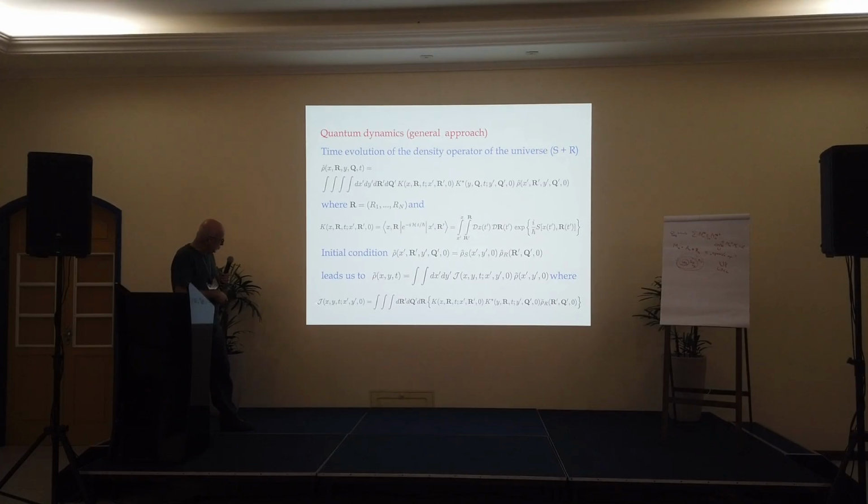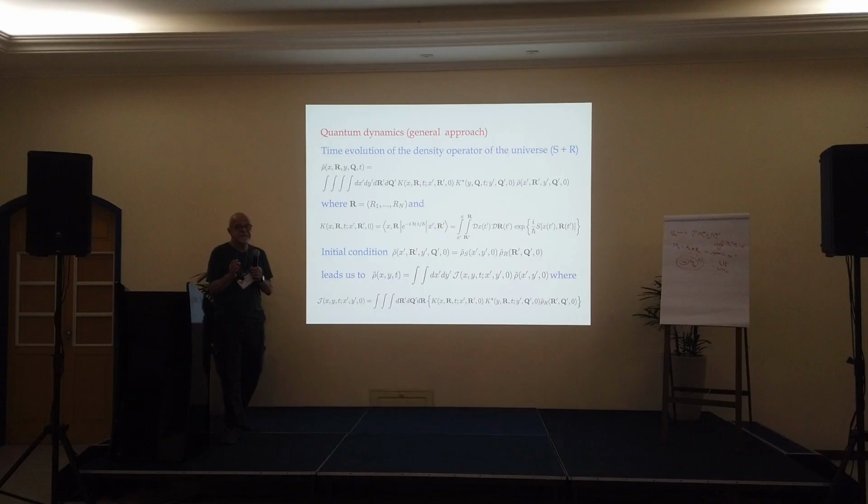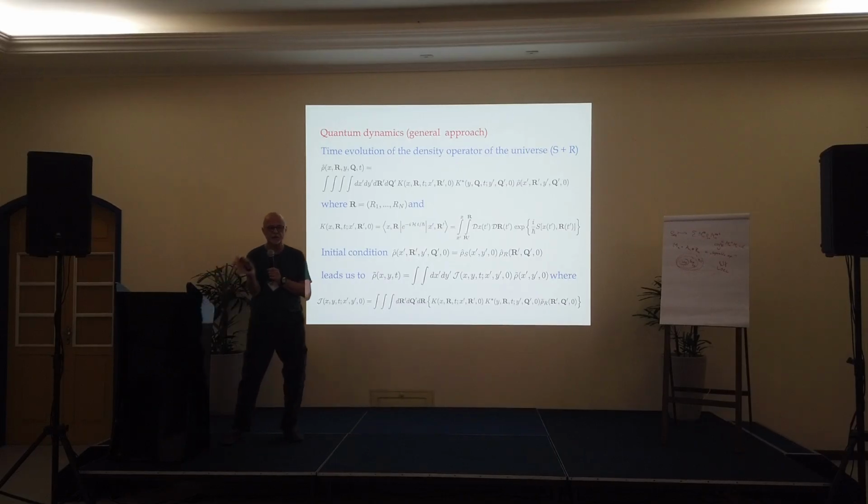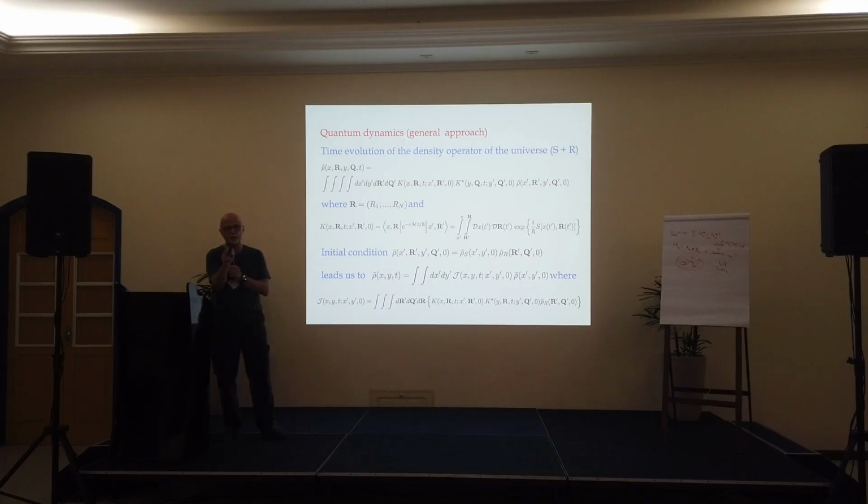So there is a prescription to write this super propagator. But the point is that if I just plug this in here, we'll have problems trying to separate what belongs to the system and what belongs to the environment, due to the non-commutativity of the operators.